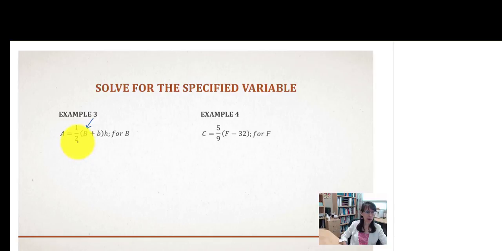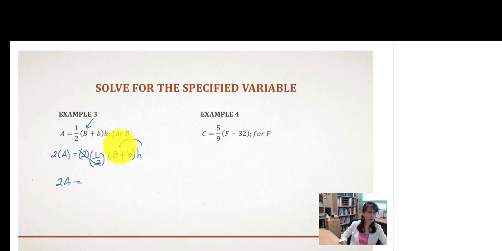1/2 is our fraction. Since 2 is the denominator, multiplying by 2 would eliminate that fraction. So both sides of the equation are going to be multiplied by 2. When that happens on the right, you can see how the fraction eliminates, and we're left with 2a now equals the quantity capital B plus lowercase b being multiplied by h.